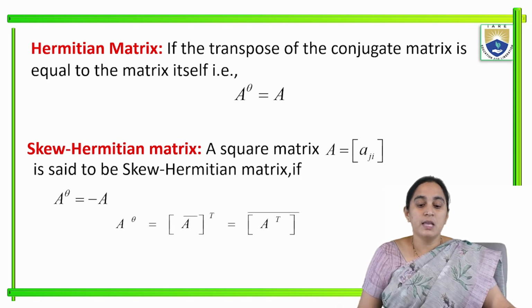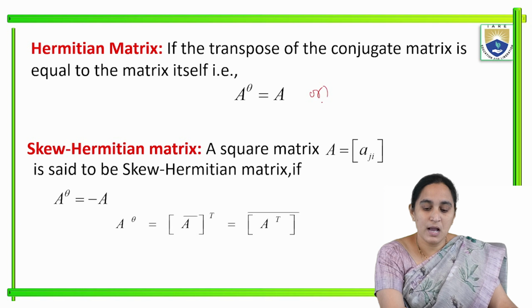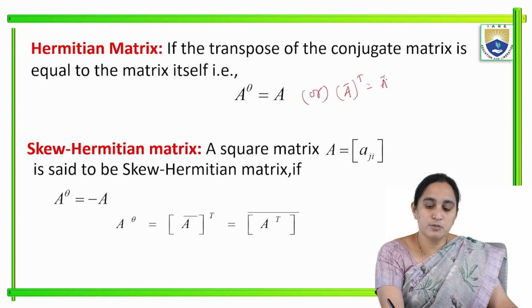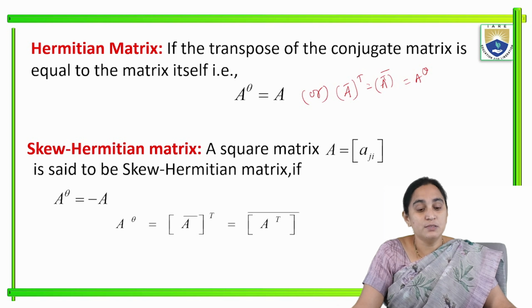That means A^θ is equal to A, or (A bar) transpose equals (A transpose) bar equals A^θ, is called a Hermitian matrix. This matrix comes under complex matrices. Once again, if the transpose of the conjugate matrix is equal to the matrix itself, that is A^θ equals A.